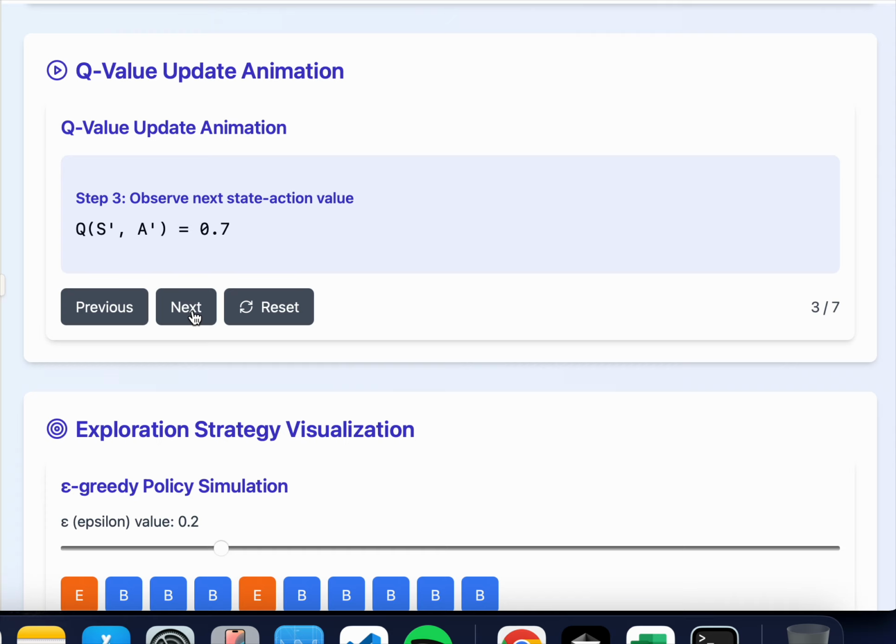It also considers what we expect to get in the future based on the next state and action we take there. So now check the Q value for that next step, that's Q of S prime, A prime. Let's say that value is 0.7. This is basically our estimate of the value of continuing with the policy from that point on.